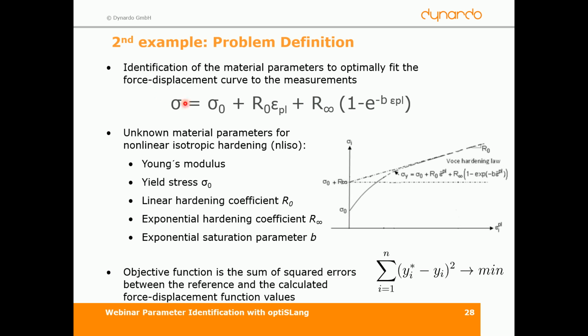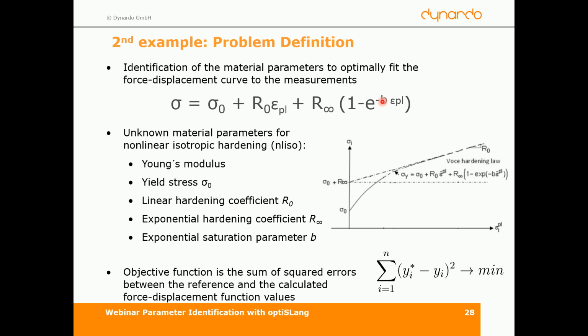For this you make a variation of these parameters. This is the description for the full plastic behavior. It means you have a yield stress, a linear hardening coefficient, an exponential hardening coefficient, and the saturation parameter.